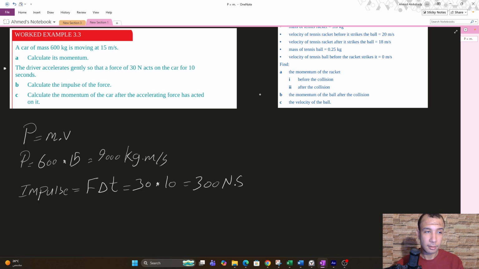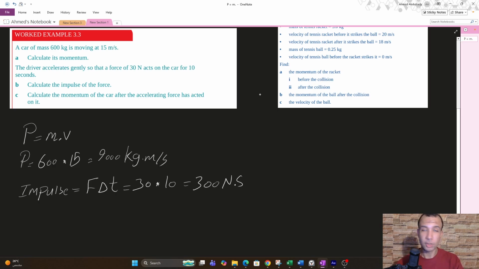Next, calculate the momentum of the car after the accelerating force has acted on it. Remember that the impulse itself is the change in momentum, okay? The change in the momentum. So in this case, the momentum increased, and this increase is actually the impulse, all right?